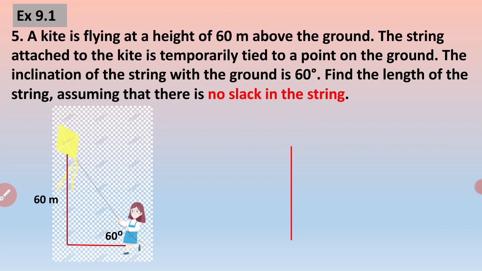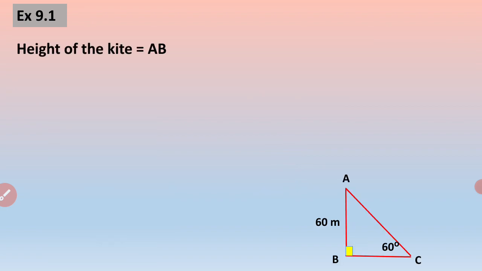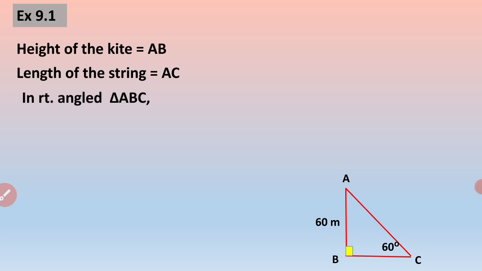So let us draw the triangle which is formed here and label it. Once this is done, I am going to put the reference over there. AB is the height of the kite and AC is the length of the string. We have been told to consider AC as a straight one. Now it becomes a right angle triangle ABC.